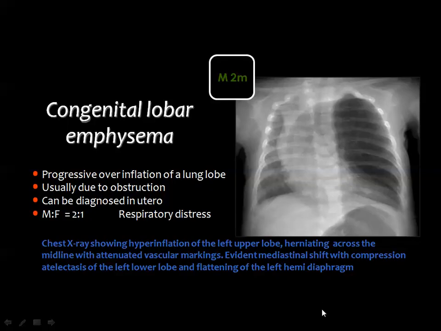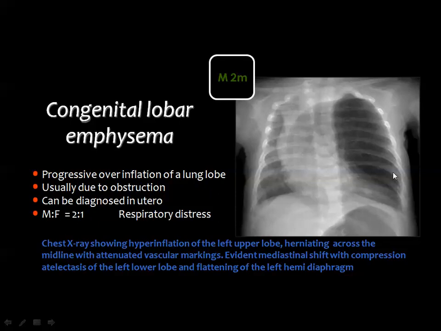Then one of the major diagnostic landmarks for congenital lobar emphysema is, number one, that you can see the emphysematous lobe crossing the mediastinal border to the opposite side. And number two, you see the remaining part of the lung is compressed near the diaphragm.